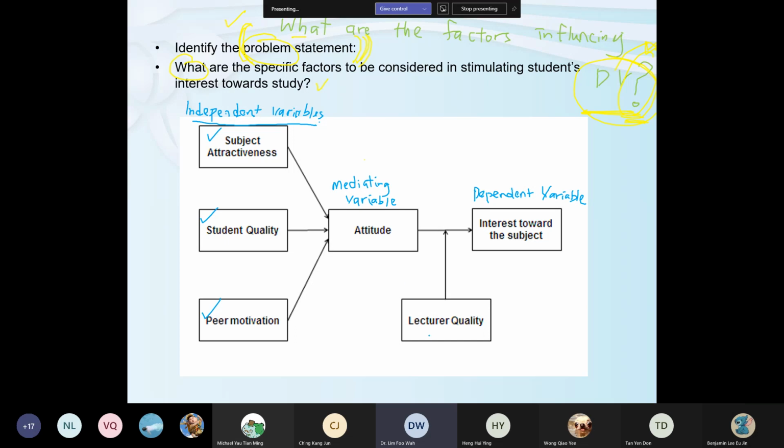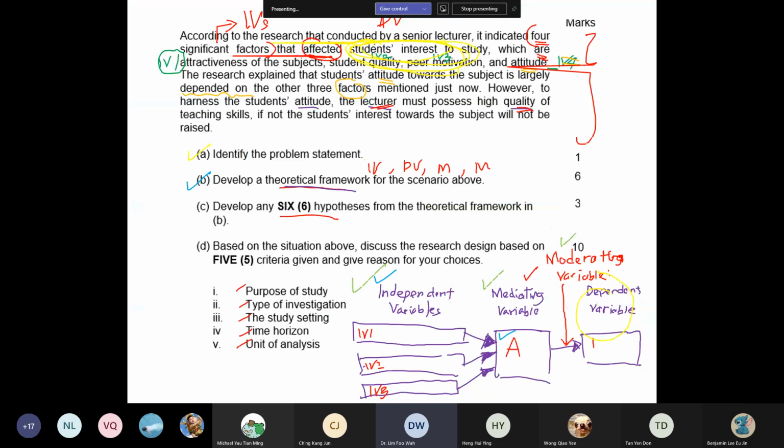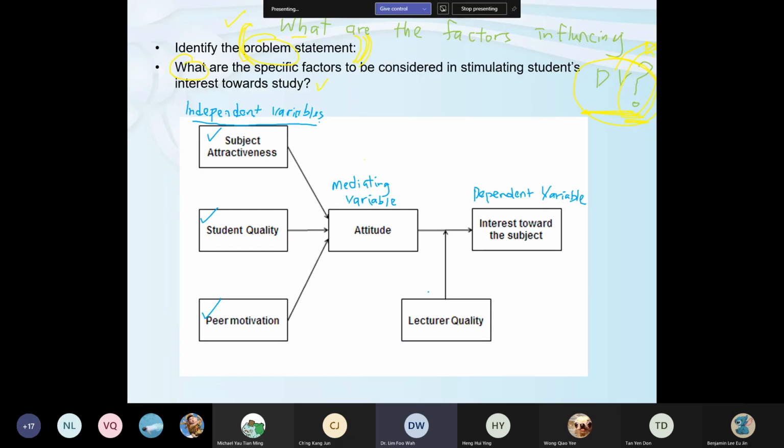Then lecturer quality. You can write lecturer quality or copy back. High quality of teaching skill also can. Quality of teaching skill also accepted. Then show us you know that this is the moderating variable. Show us you understand.